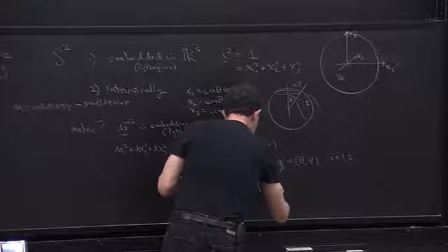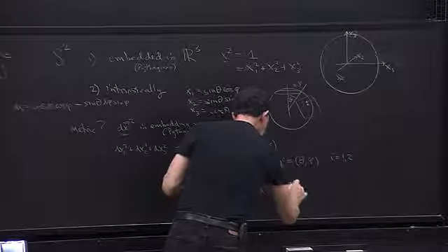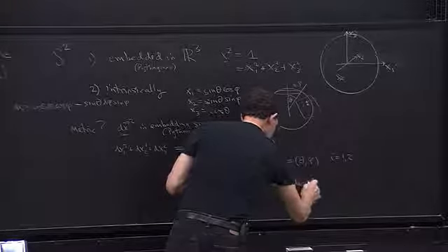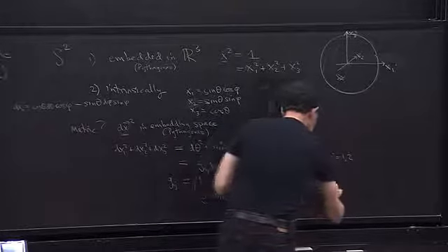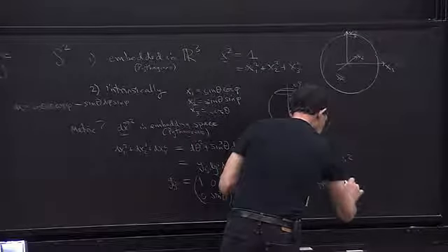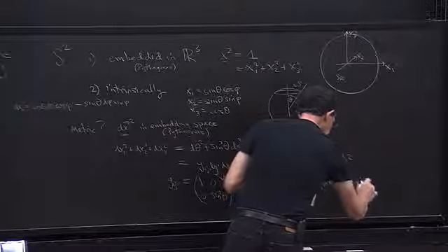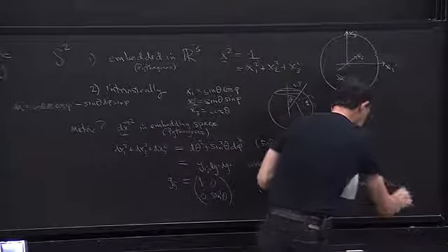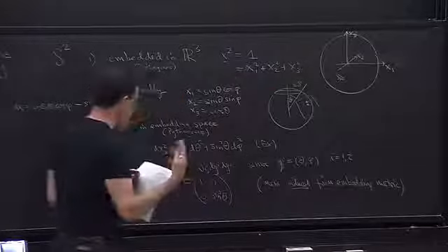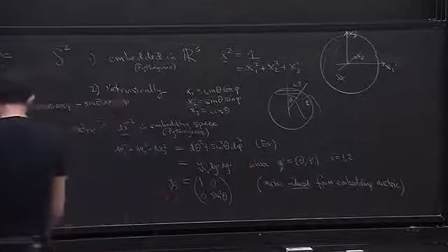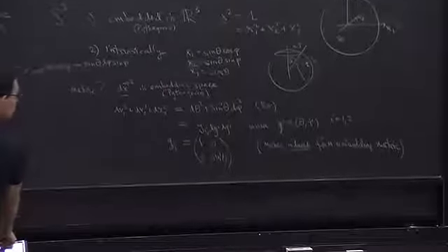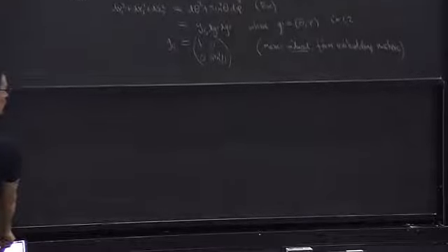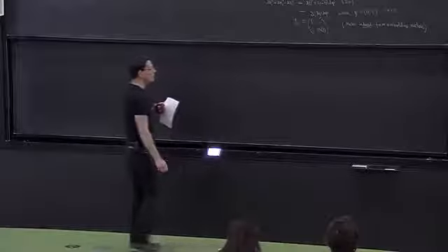It's the metric induced from the embedding metric, because that's how I got it. I got it by inferring it from the Pythagoras rule in the higher dimensions.